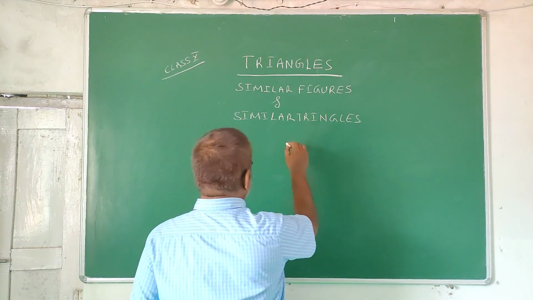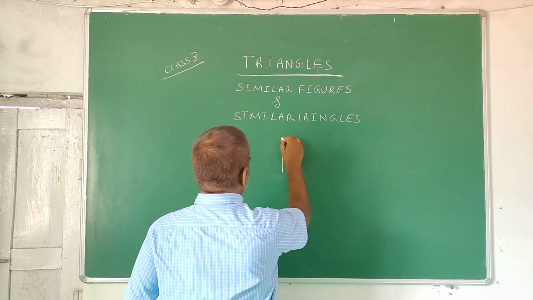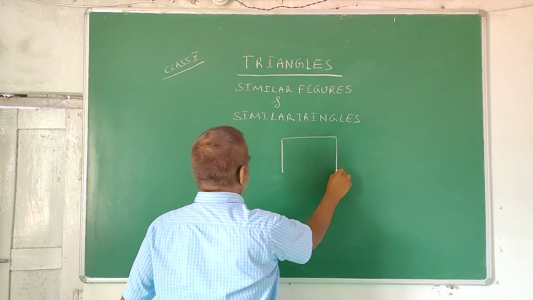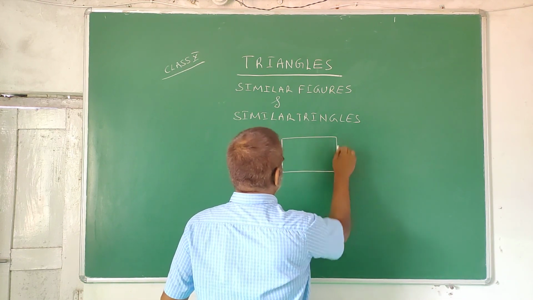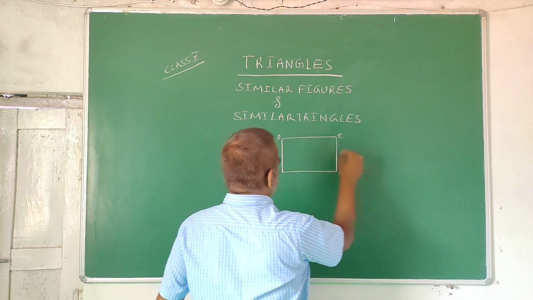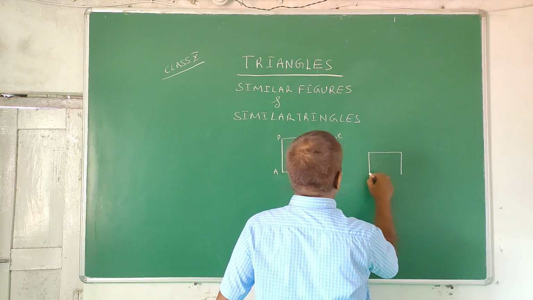For example, let us take two quadrilaterals, ABCD and another quadrilateral I am taking, PQRS.